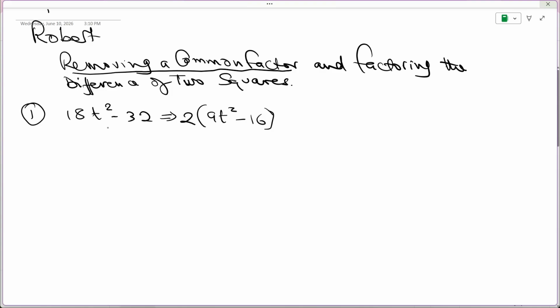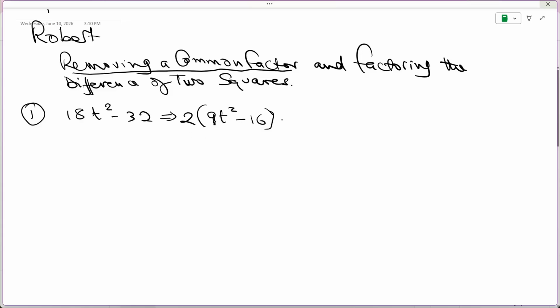What you have to keep in mind when you're removing a common factor is what you remain with. Is it a square or not? And in this case, removing a 2 left us with a perfect difference of two squares.